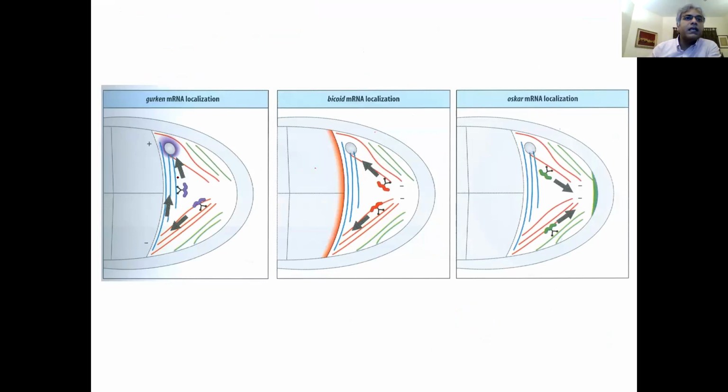Now, here you see Gurken is also maternally contributed. You see bicoid, oskar, etc. These are all the maternal genes being deposited.